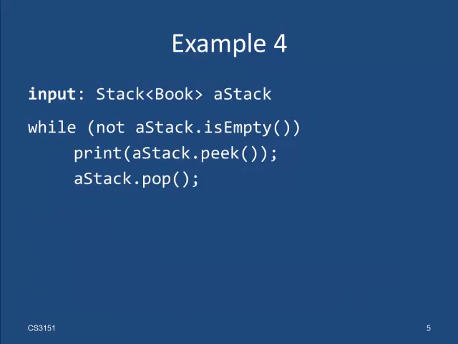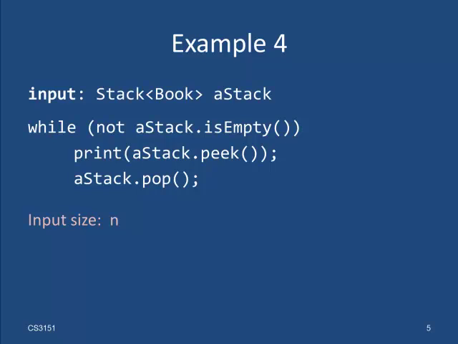In the next example, the input is a stack of book objects. What is the input size? Well, the input size is the number of elements in the stack. Let's give the input size a name. Computer scientists typically name the input size n, however you could name it differently. The while loop keeps printing the book on top of the stack and then removes the top element.